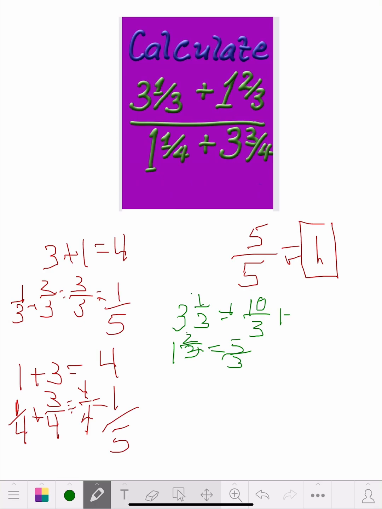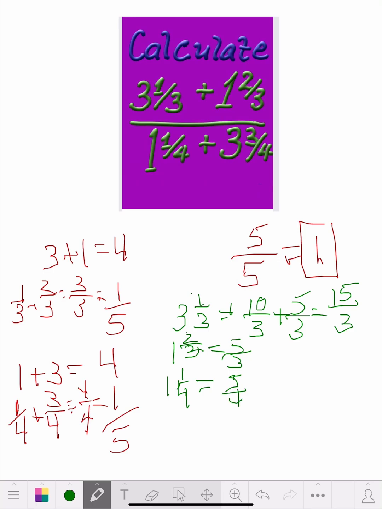So this is 10/3 plus 5/3. You add right across, remember? And you keep the denominator the same, so we got 15/3. Now let's do the other one. We got 1 1/4. So 4 times 1 is 4, plus 1 is 5, equals 5/4.